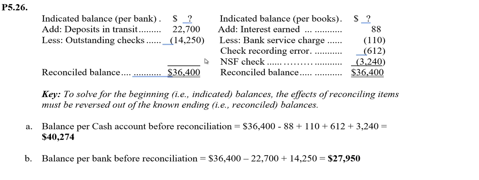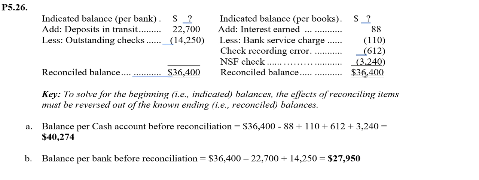So looking at all these, remember that authors in accounting love to back into things. If you know how to back into something, that means you really know it. So they've given us a reconciled amount, 36.4, and then they ask us to back into the bank balance that we initially had and the book balance that we initially had. So in this case, we take this 36.4 and we add these outstanding checks, and then we subtract the deposits in transit, and we get a bank balance of 27,950.